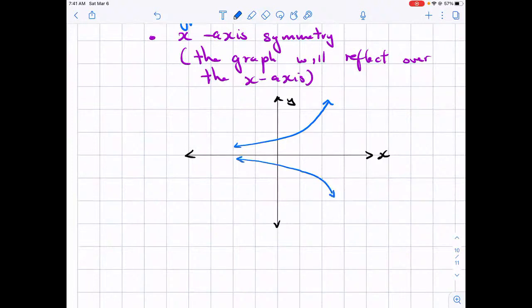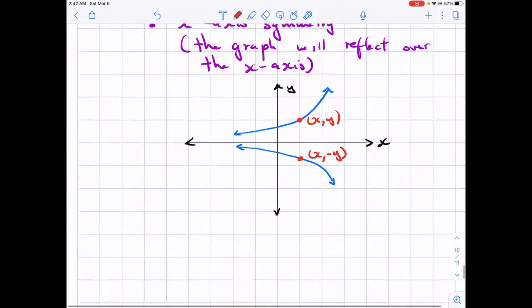You will notice that if I have this point here, which is some x comma y, this point here is going to be some x comma minus y, right? So these 2 points are symmetric. They are the symmetry of each other.